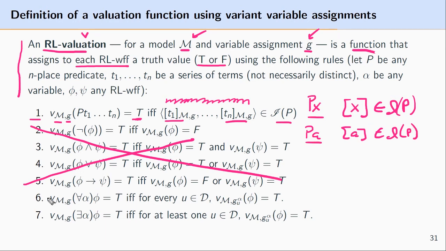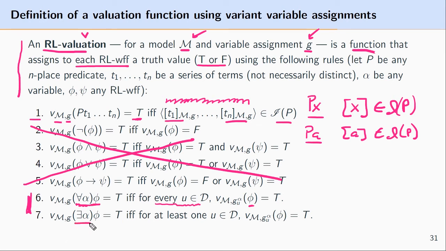The ones worth looking at here, as we're putting it in more general terms, are the universally and existentially quantified formulas. We say the universally quantified formula is true if and only if for every item in the domain, phi is true, where we take the variable, here specified as alpha, and provided alpha can refer to any object and phi will come out as true, then the universally quantified formula is true.